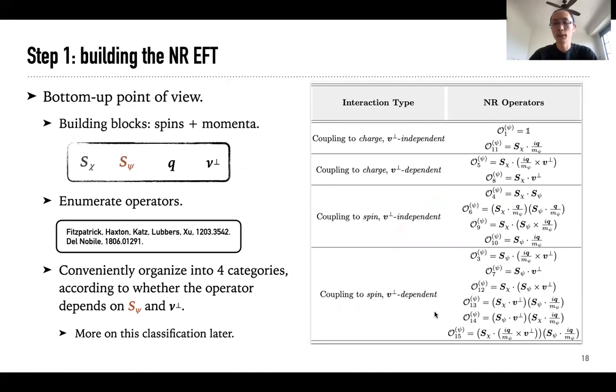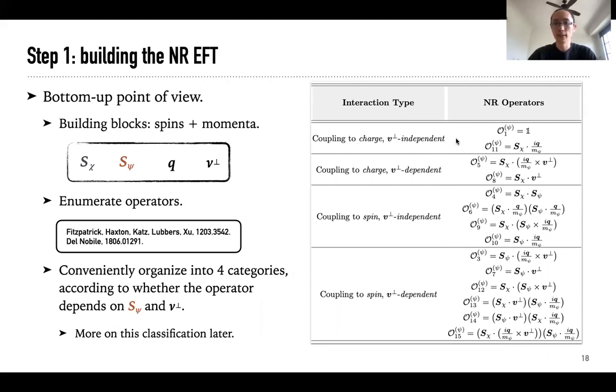And here I'm just repeating the list of operators. But conveniently, we can put them into different categories depending on whether the operator is a coupling to charge or a coupling to spin on the standard model side, and also whether it depends on the relative velocity. So there are 4 categories based on these criteria.